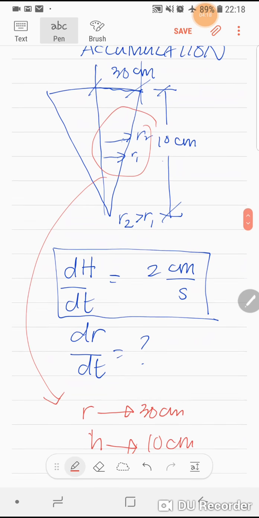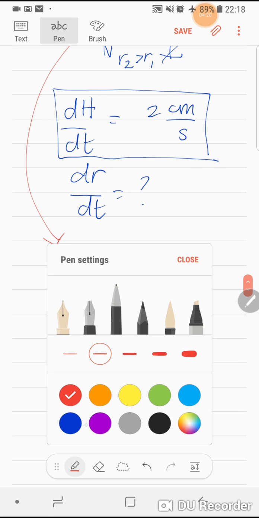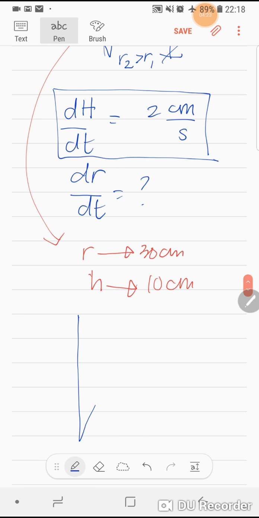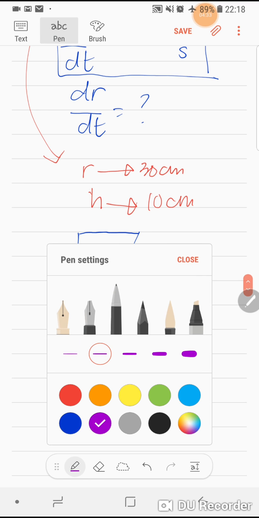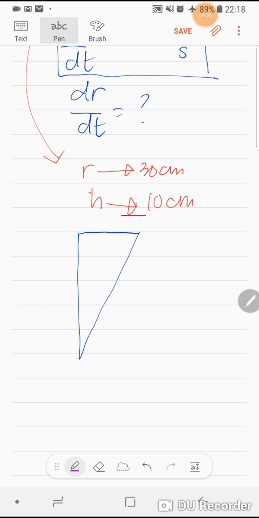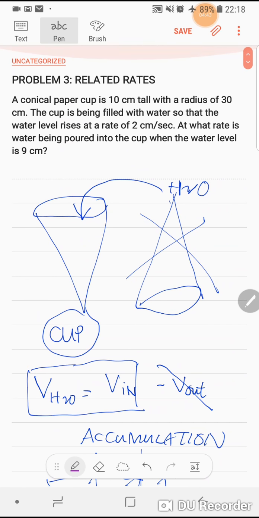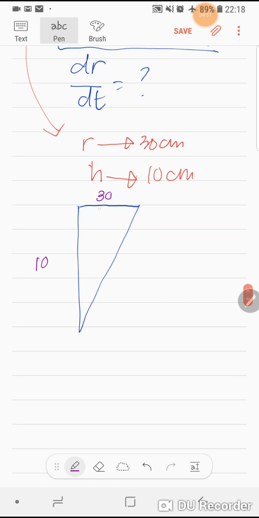So in this case, we need to do a correlation. That's not the best drawing that I've ever drawn. So this would be 30, and the height is 10 centimeters. And we know that the water level is at, let's say, arbitrarily at 9.